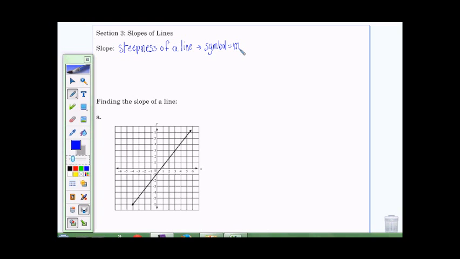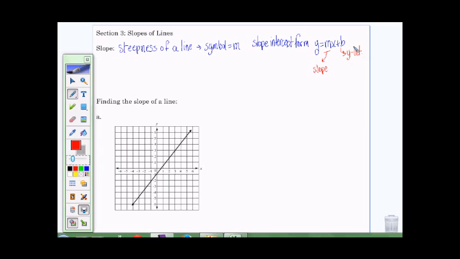And then we have the slope-intercept form of a line, and we've talked about that a bit. It's y equals mx plus b, where m is our slope and b is our y-intercept.